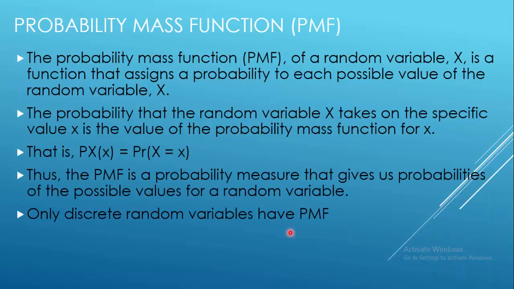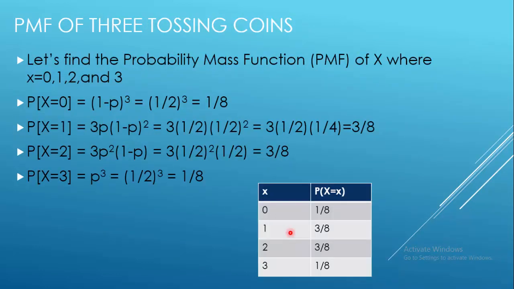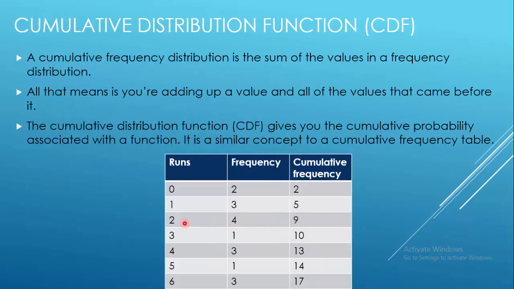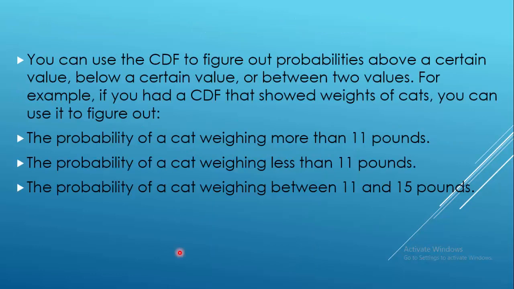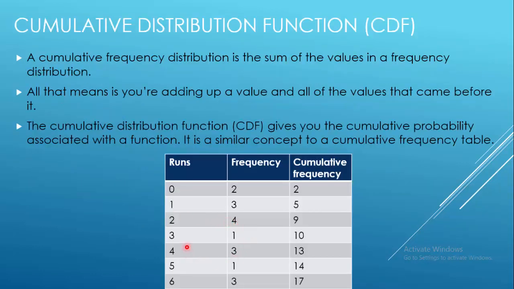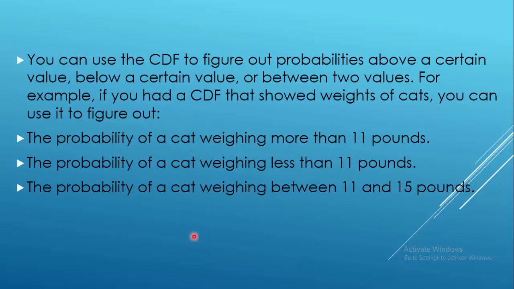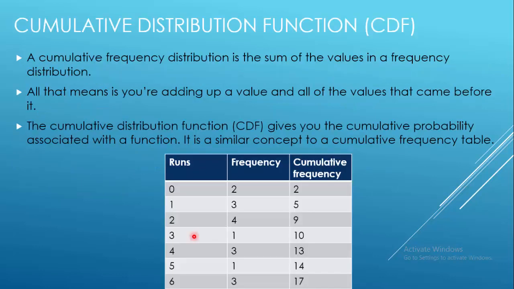So if we want to know the probability of scoring more than 2 runs or less than 3 runs, or score between 2 and 4, we can get that using this CDF. So this is the advantage of the cumulative distribution function.